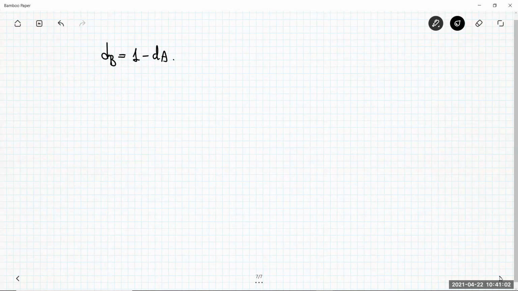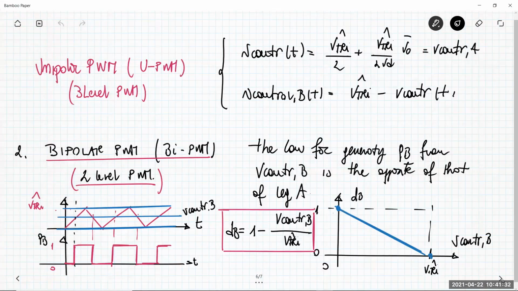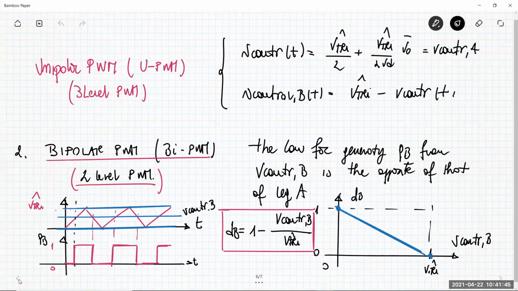So we can get that dB is also 1 minus V control B over V triangular peak. Then dA has been provided at the beginning of the discussion. dA is a computation that we already did before.